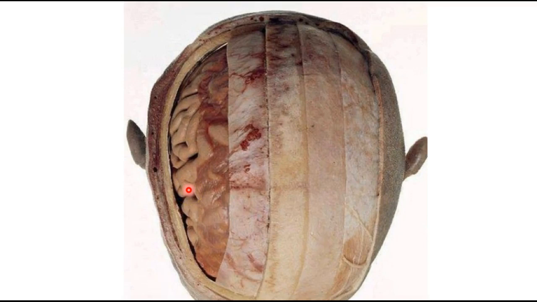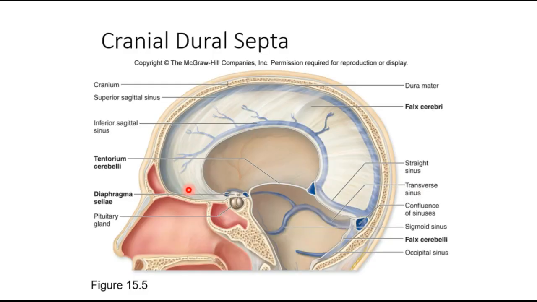And again, all of this protects. That dura mater also invaginates to create a structure known as the dural septa. And there's quite a bit of anatomy here as well. In fact, we've got a really good representation of the dural septa somewhere in the room.